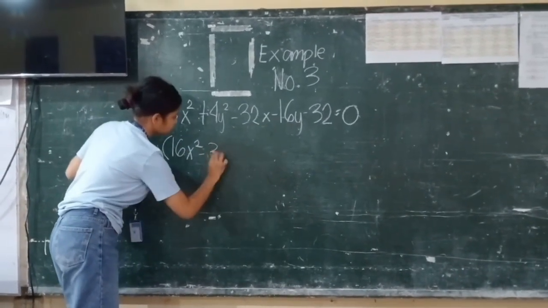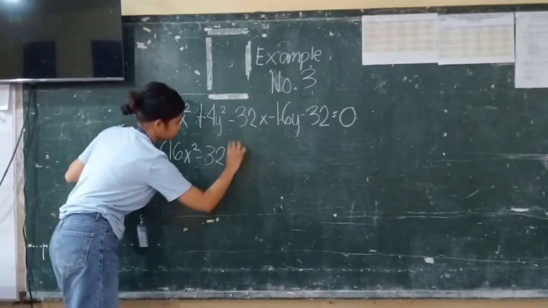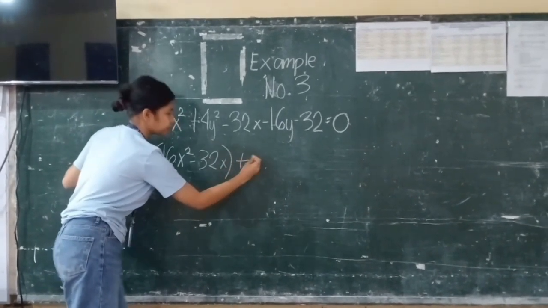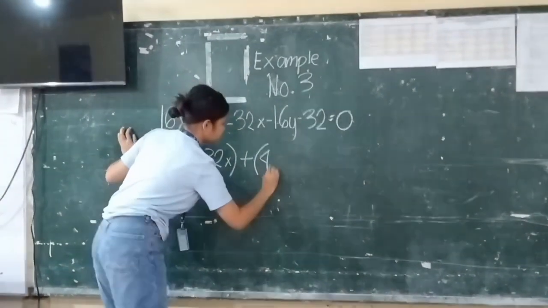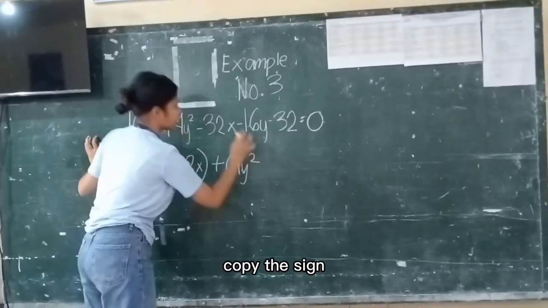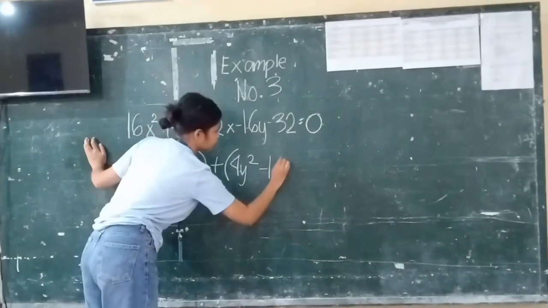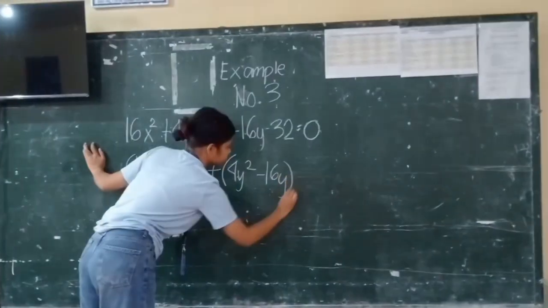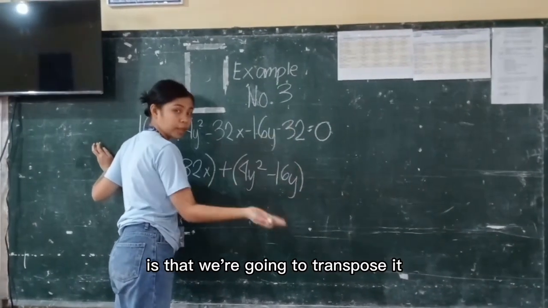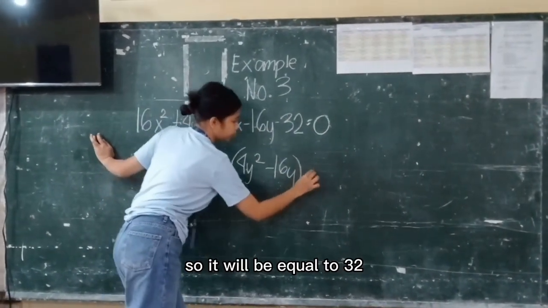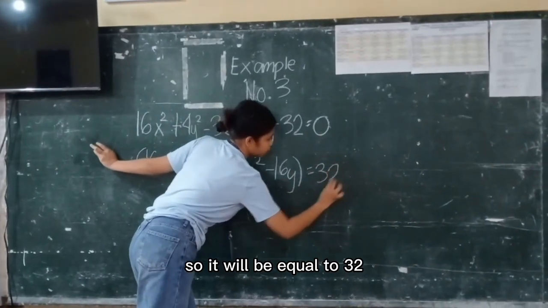Copy the sign. Plus, we have the 4y squared. Copy the sign. And we're going to move the 32 so it will be equal to 32.